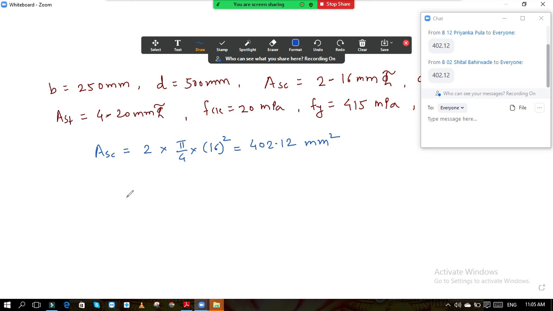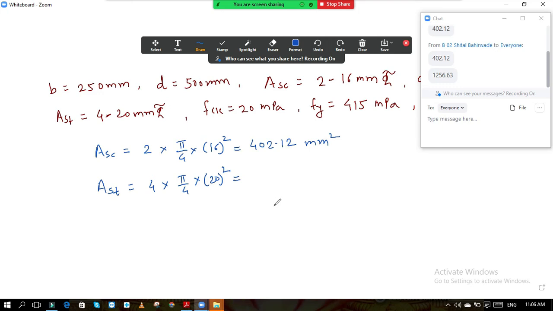So this is the value of ASC. Now we will calculate the total area of steel in tension zone. So this is AST. What they have given to us is 4 bars of 20 mm diameter. 1256.63 mm square. So these are the values of ASC and AST.